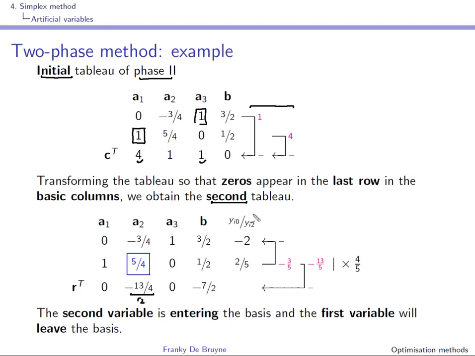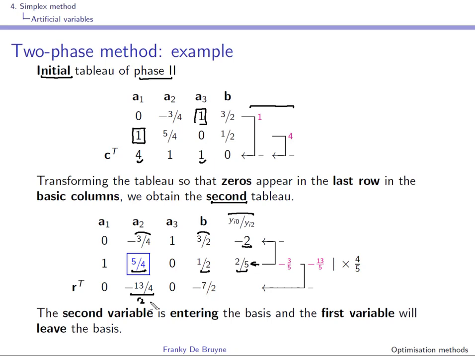And as usual, we compute this column, so it's this element divided by this one, that's -2, and this one over here divided by this one, and that's 2/5. And then in this column you select the smallest but positive element, and it's clearly this one.